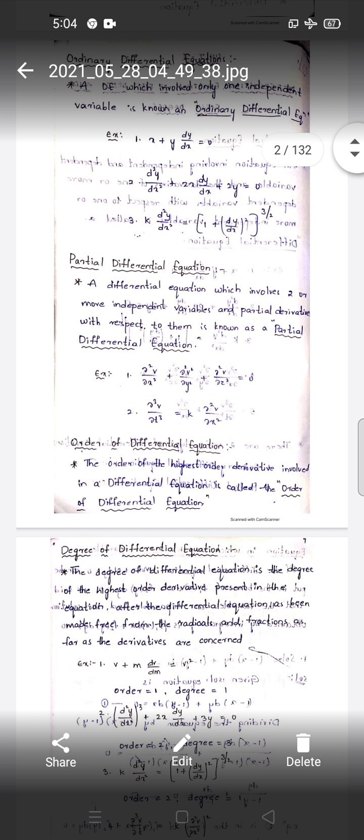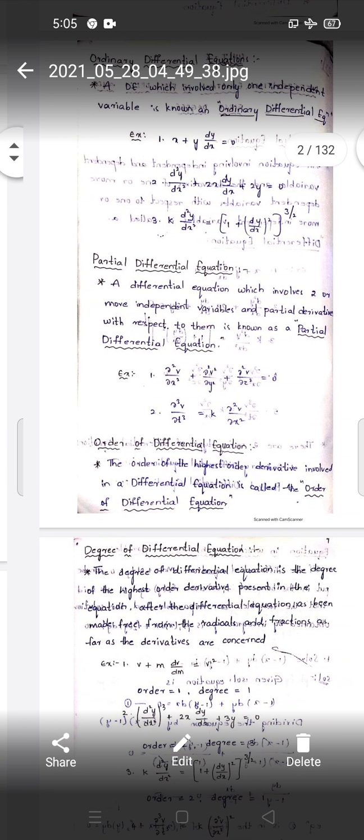For example, dou square v by dou x square plus dou square v by dou y square plus dou square v by dou z square is equal to 0. This is with respect to more than one independent variable.